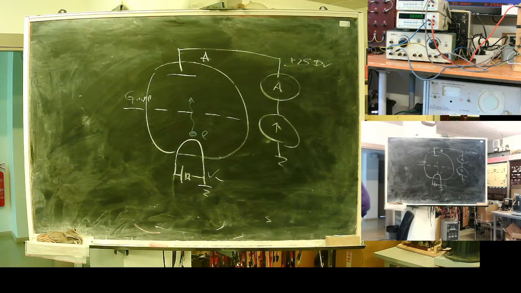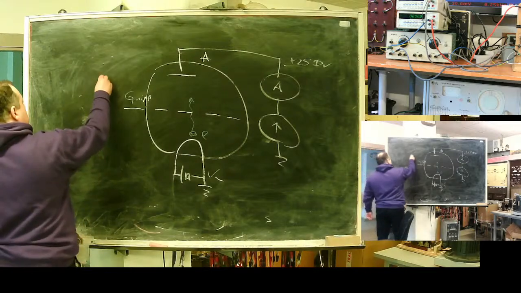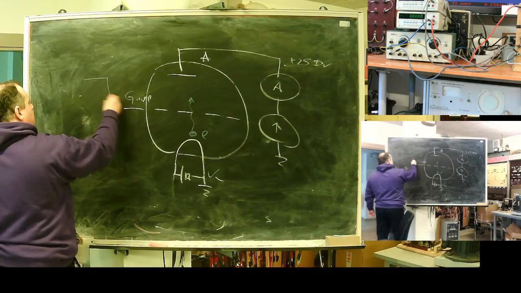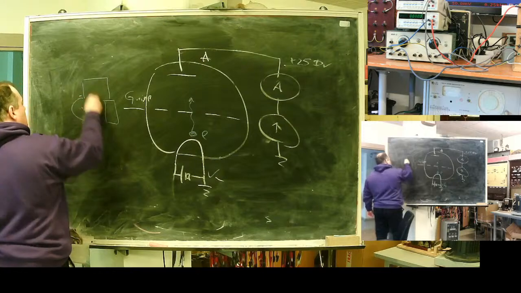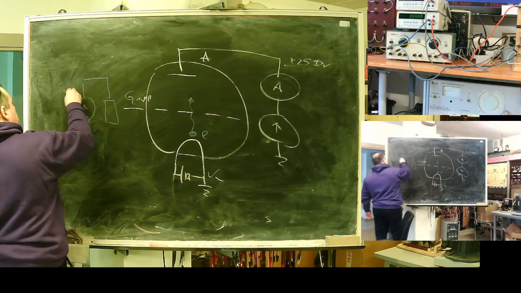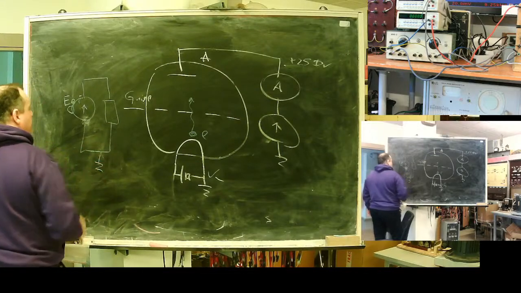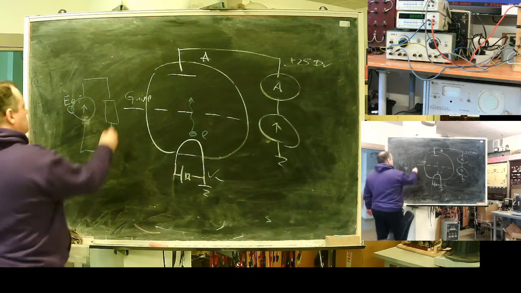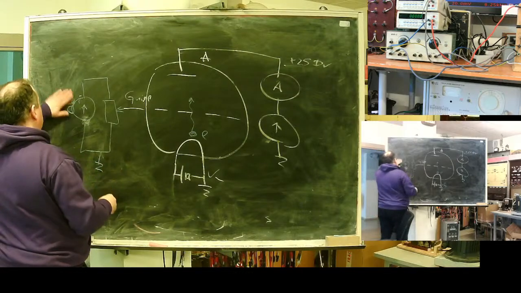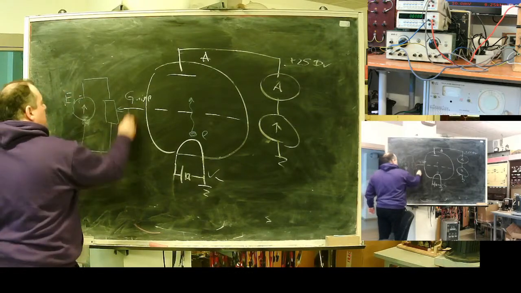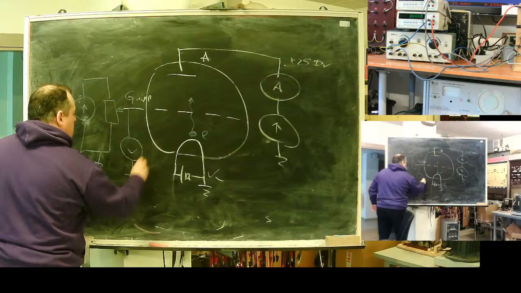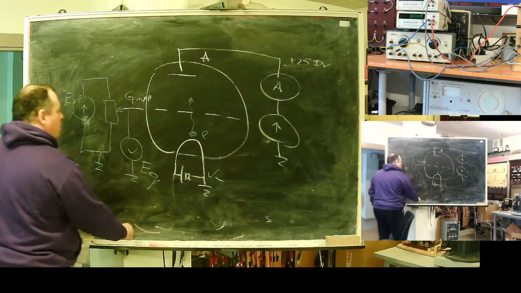If electrons are accelerated, let's say I have source A grill, and I put a voltmeter here to measure it.